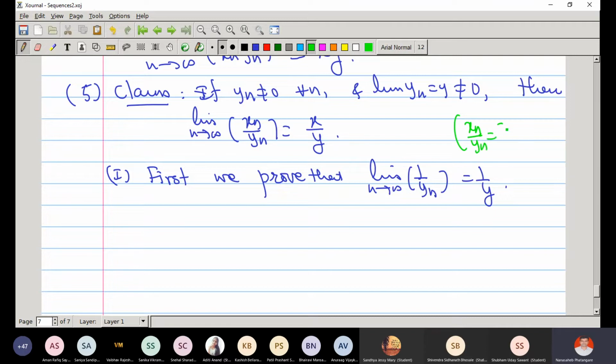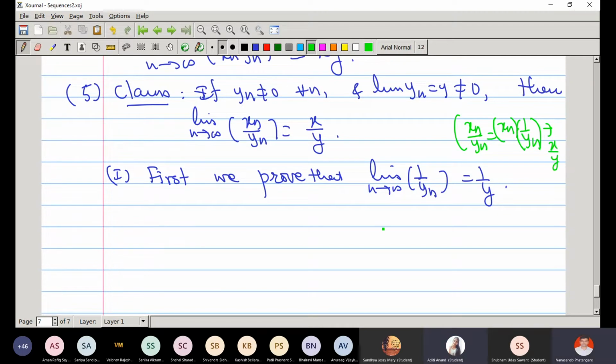Xn upon yn is xn into 1 upon yn, and if you are successful to prove that 1 upon yn goes to 1 by y and already xn goes to x, then where would the product go? The limit of xn into 1 by yn is equal to x by y.